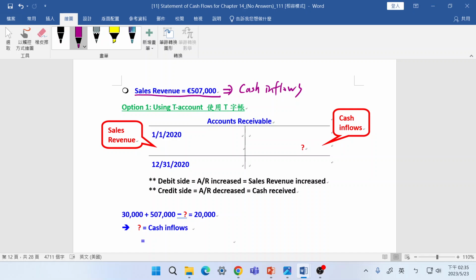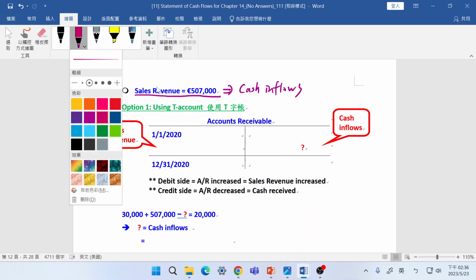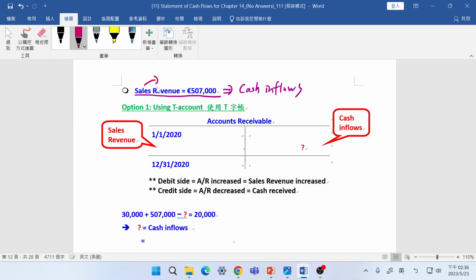销货收入增加，客户没有付钱，所以你的应收账款增加还减少？增加，拜托。Please, that's from last semester. So, sales revenue happening means accounts receivable increase, right? So increase, we put it on the debit side, right?